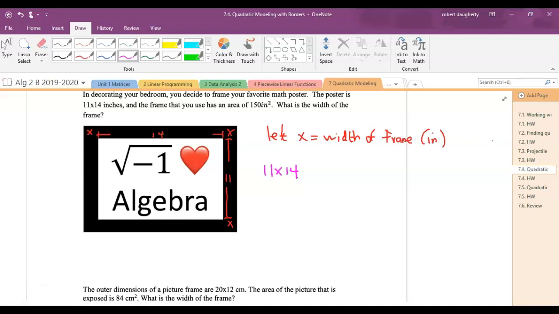It's 11 by 14, right? So 11 by 14 plus, what is the area of just the frame? Yeah, plus 150. Okay, so the area of the photo plus the area of the frame has to equal the total area. So what is the total area going to be?